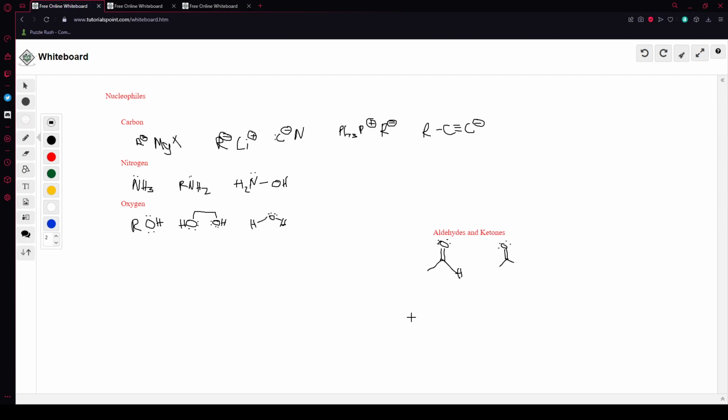So the three main compounds you're going to see nucleophiles with are carbon, nitrogen, and oxygen.